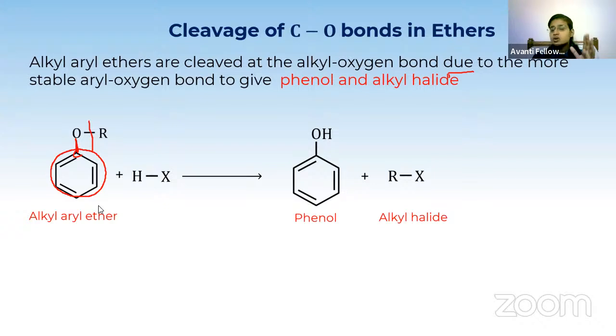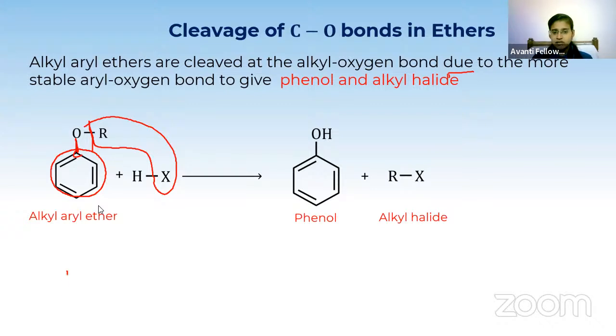So that carbon-oxygen bond cannot be broken down, and only the other one, where the oxygen is attached to the alkyl group, will be cleaved, and it will form the product. This bond is breaking, and we are getting RX, and the H is going and getting attached to the oxygen. So we get a phenol and an alkyl halide.